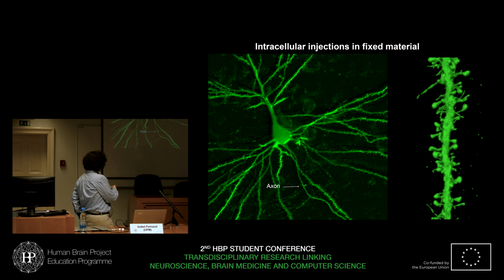And it also fills the dendritic spines, so this makes the technique very, very useful to reconstruct whole neurons, including spines, and the morphology of the spines, as you can see here.